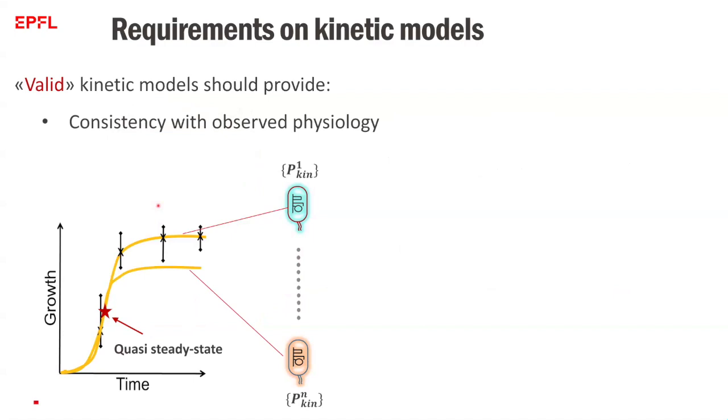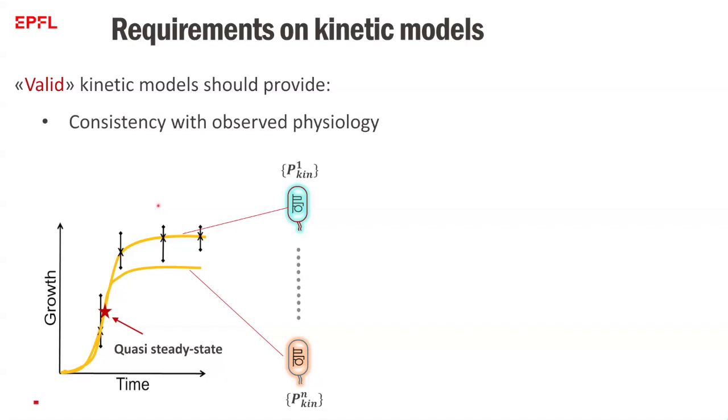The first requirement is that they are always consistent with the quasi-steady state. This motivation comes from biotechnological applications where, when you are producing any biochemical of interest, most of it is produced in the exponential phase. So you would like your model to explain this phase in a fermentation really well, so that we can actually use it for prediction.